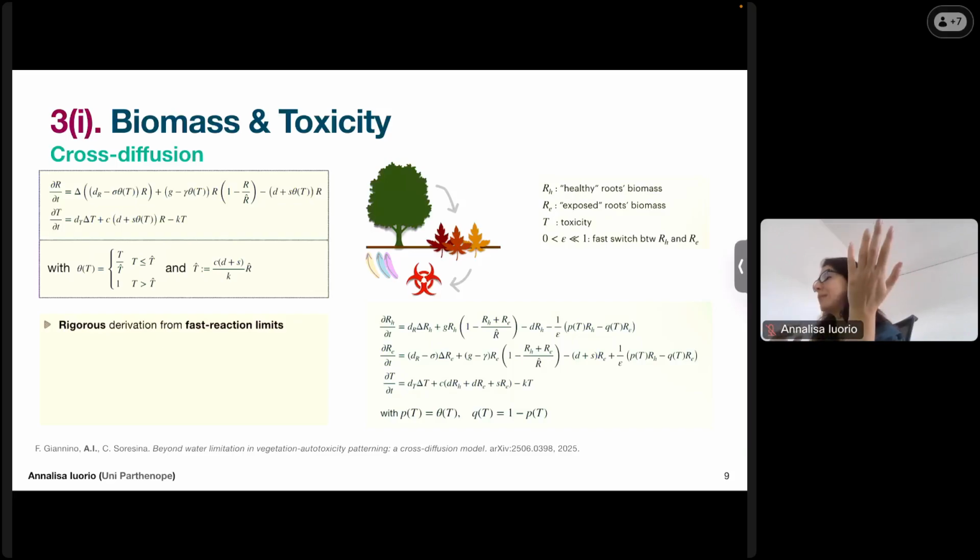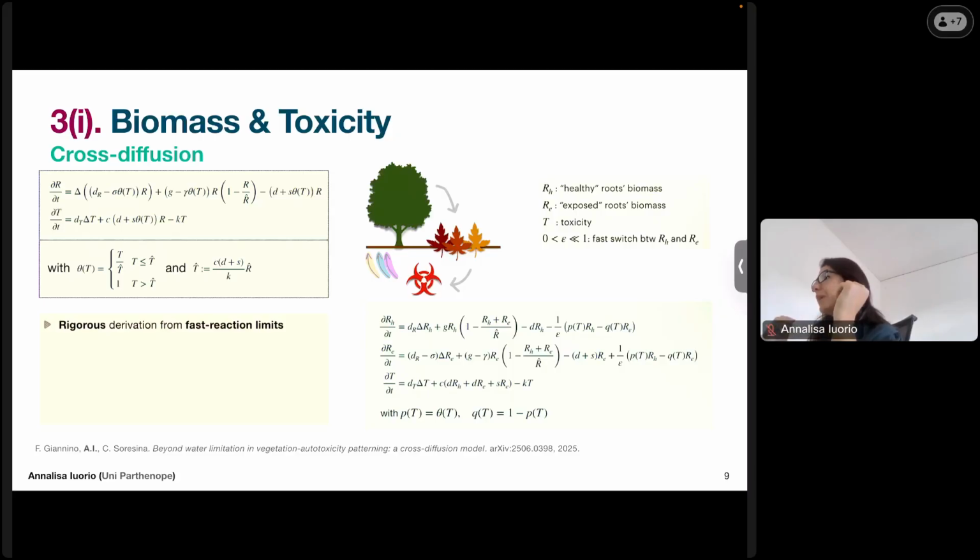So by implicitly including the water in this model, we are implicitly saying that plants don't have problems in uptaking water. So basically, their growth rate is always sufficient, and the resources that they have at their disposal are always sufficient. They are not trying to optimize them because they're scarce.